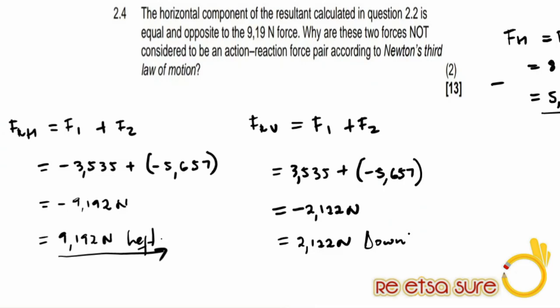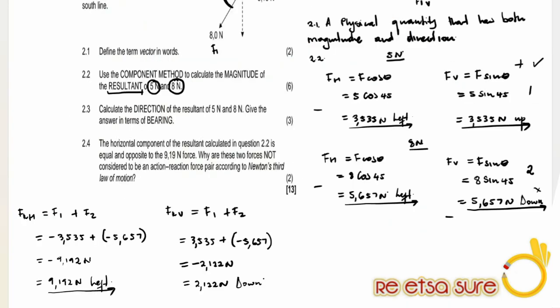Is downwards. So now we are almost there. We must just determine the resultant. I do have the resultant for horizontal, and then I do have the resultant for vertical.